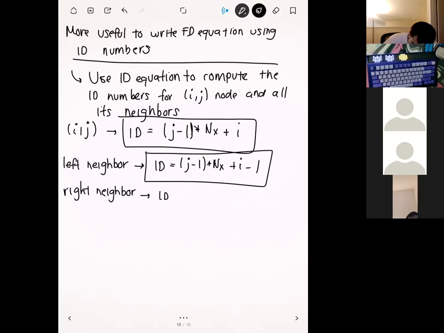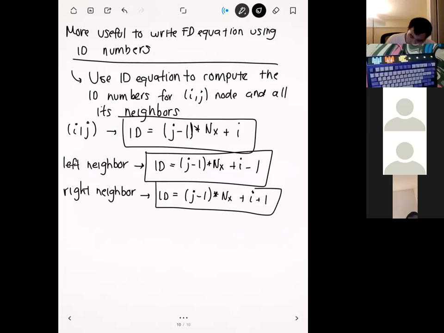So ID is equal to j minus 1 times nx plus i plus 1. You can see that the only thing changing in these is the last term.